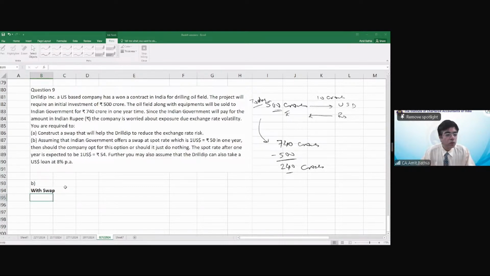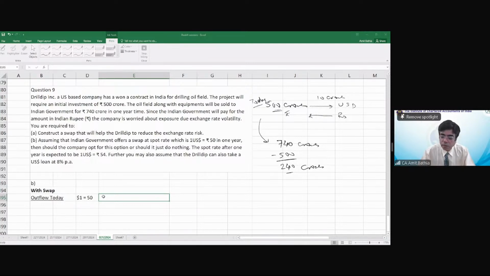I am going to have an outflow today. How much will be the outflow today? For me with the swap, remember, I have $1 equal to 50 rupees. This is the rate. I need 500 crores.